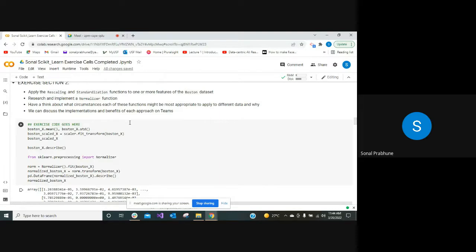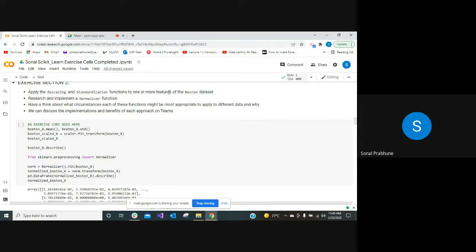Mainly when we want to compare two different features on the same ground, we use standardization, whereas we use normalization especially when we want to change the distribution of our data. If we know it doesn't lie under the normal or Gaussian distribution, which is a bell curve distribution, that's where we use the normalizer function.